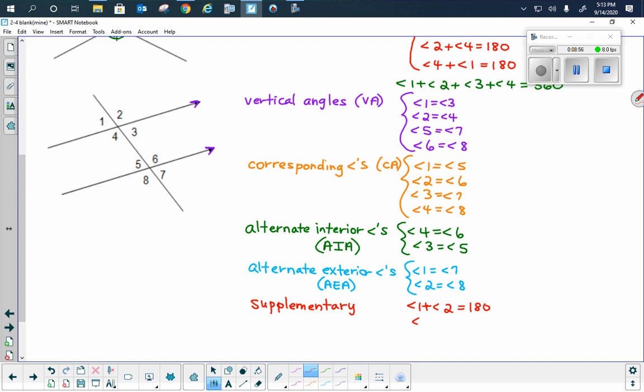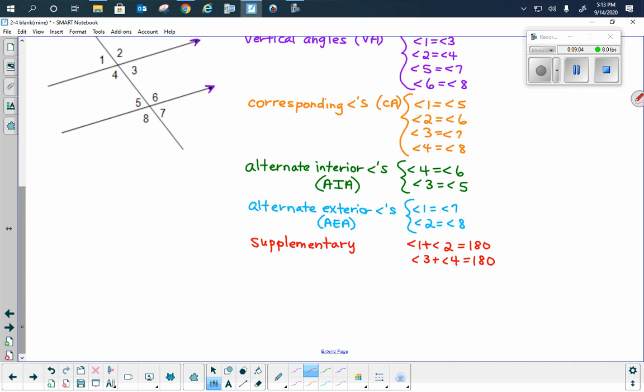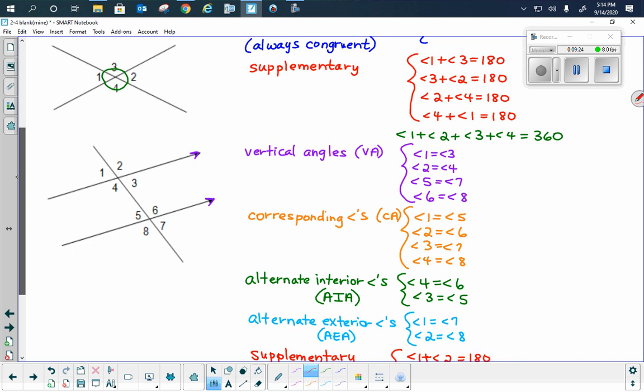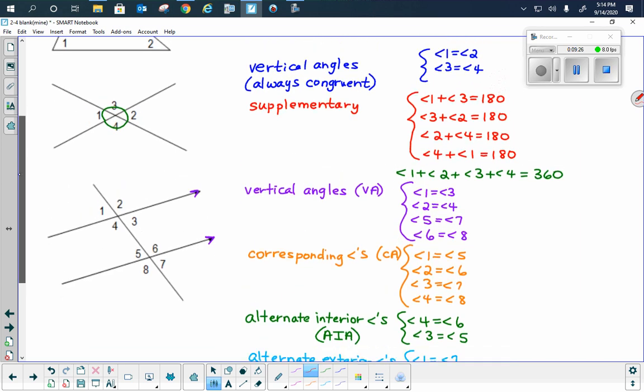We could say angle 3 plus angle 4 equals 180. Okay, and here I am just going to say, etc. There are several more. Then don't forget we could go all around each vertex and say they add up to 360.